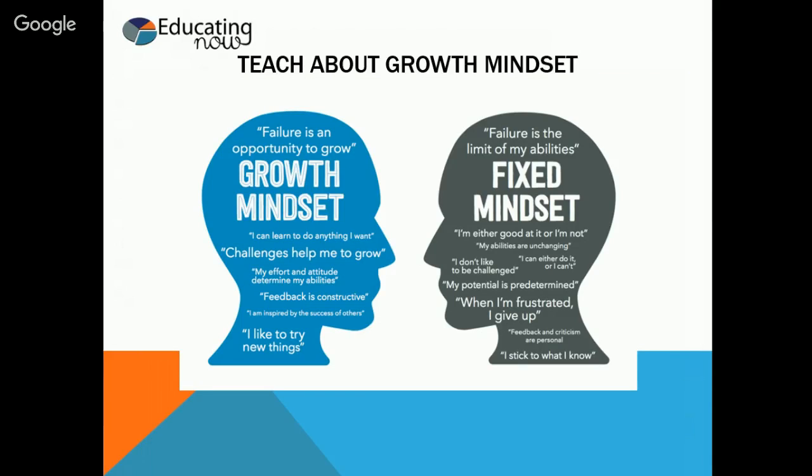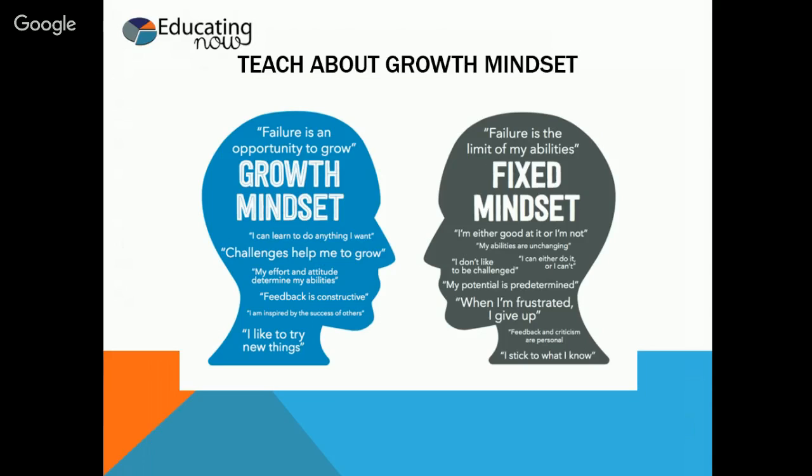Here's another image that I found online. And again, it kind of gives you some student statements for growth mindset and for fixed mindset. Take a look at it and see where you're at, because teachers often have very fixed mindsets. I certainly have noticed that I had fixed mindsets in certain areas. I'm totally working on that, and it's a work in progress for sure.